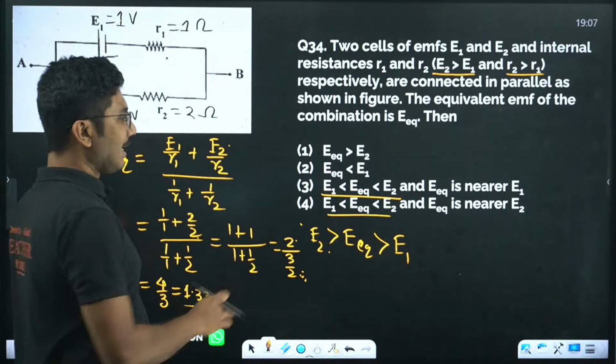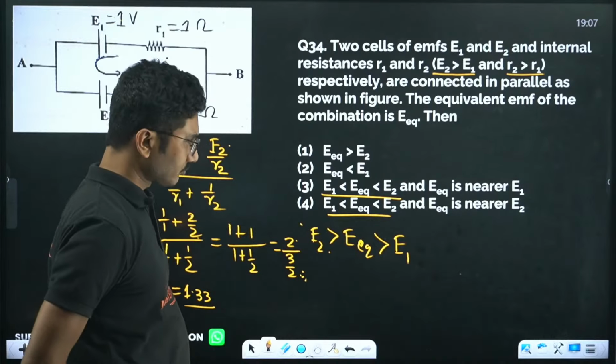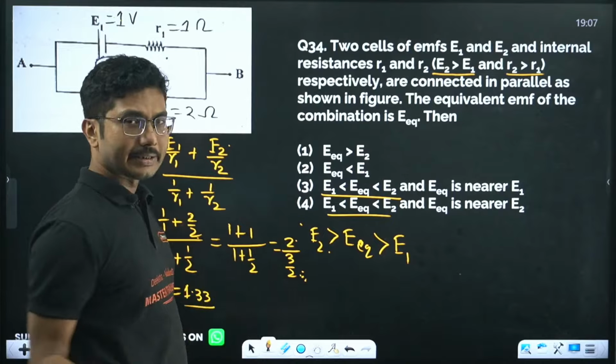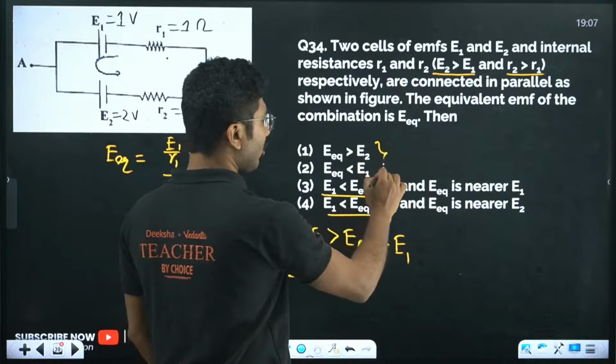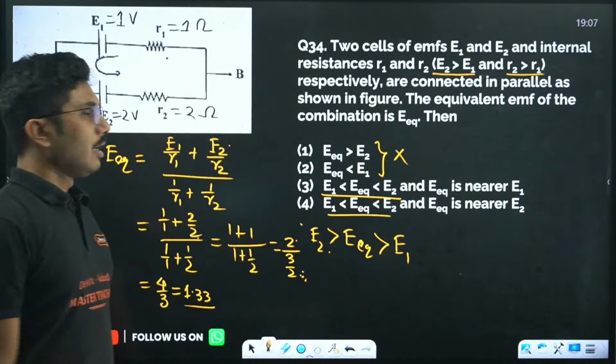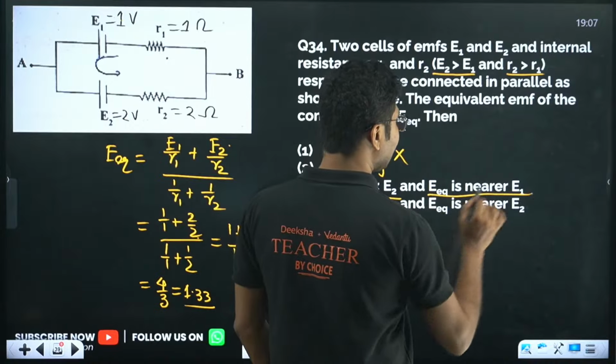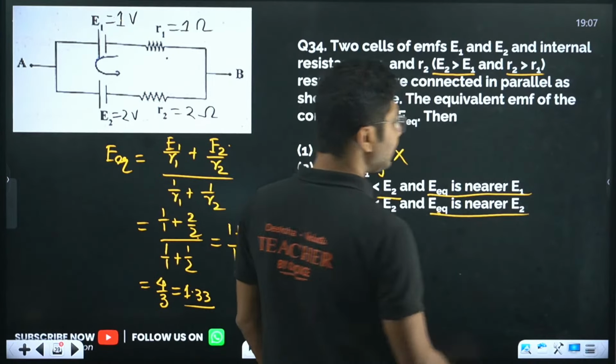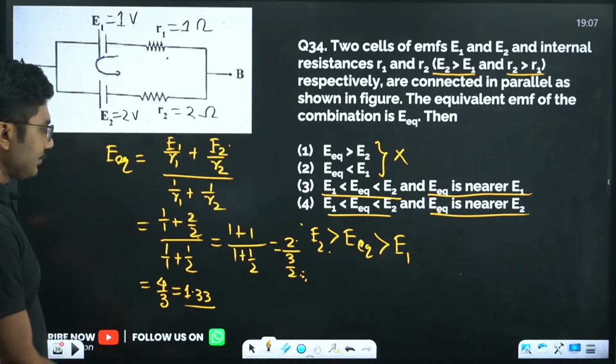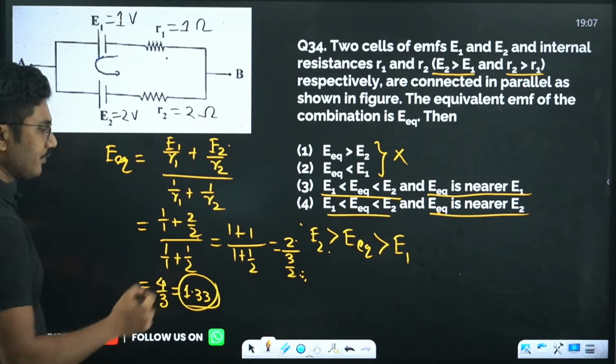E2 is greater than E1 and E equivalent is greater than E1, so these options are not correct, right? Now there is an option given here: E equivalent is nearer to E1, E equivalent is nearer to E2.